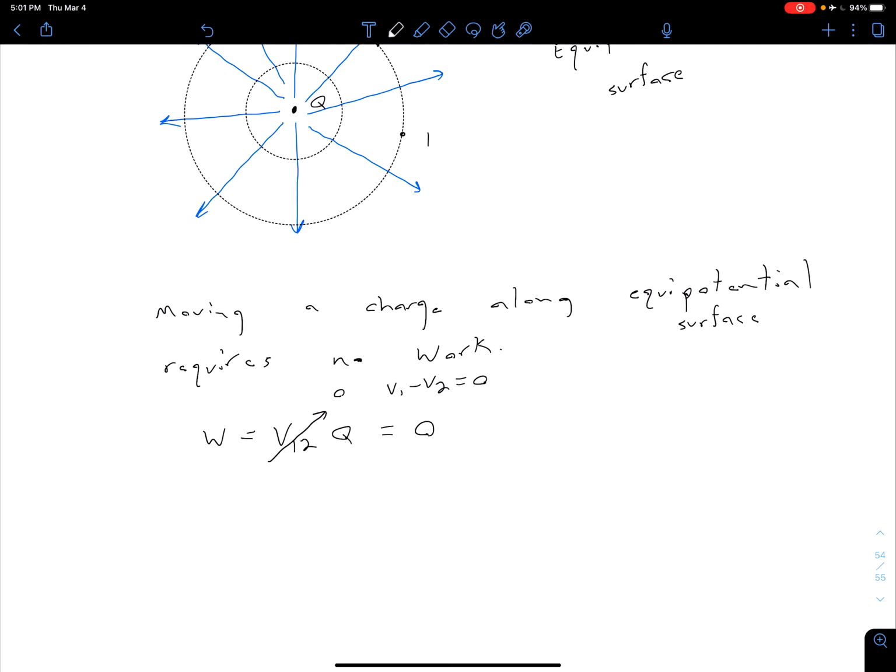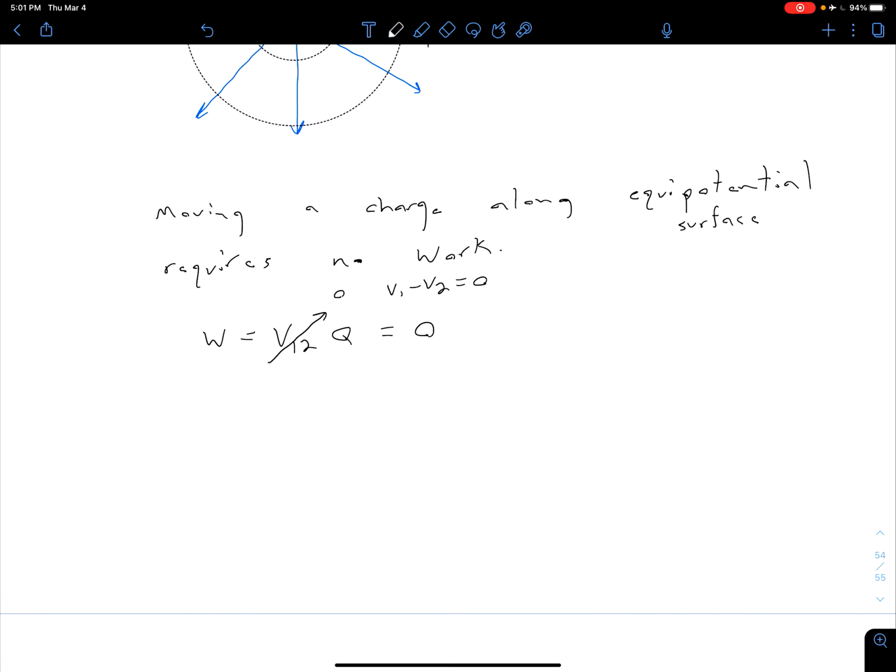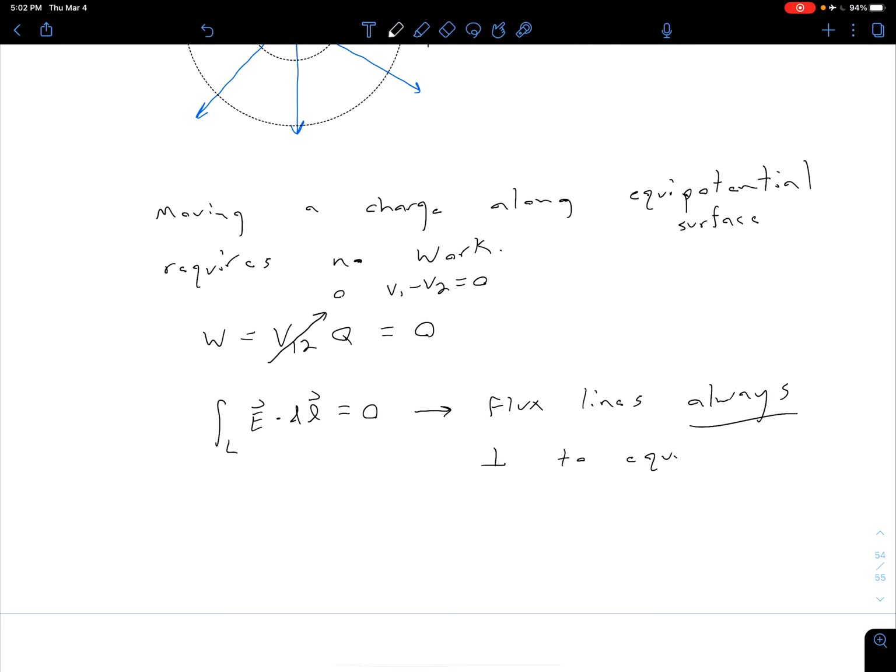Another way that we could state this is to use our expression related to the electric field. We could say the line integral of E dot dl along that equipotential surface is going to be equal to 0. What that means is that our electric flux lines are always perpendicular, or normal, to those equipotential surfaces.